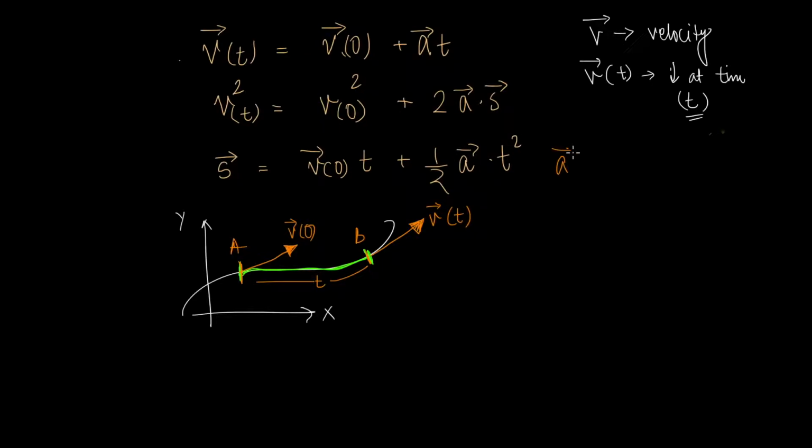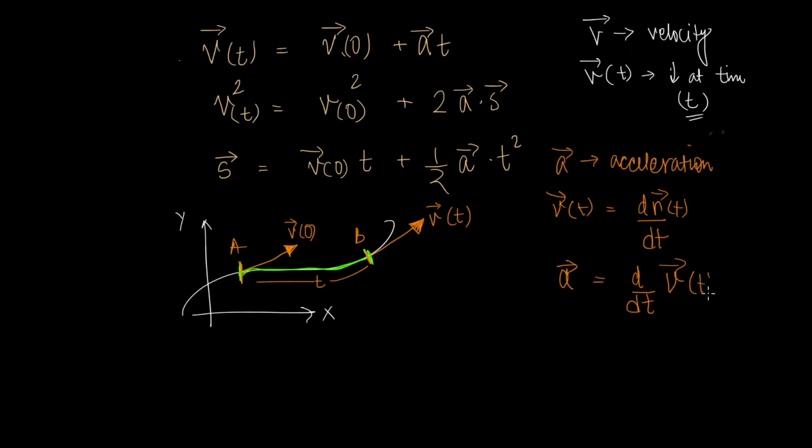Well, a is your acceleration. Now this is an acceleration vector. It's very much like velocity. If you remember, velocity at time t was given by the derivative of the position vector of the body with time. In much the same manner, acceleration is given by the derivative of the velocity vector at that time t.